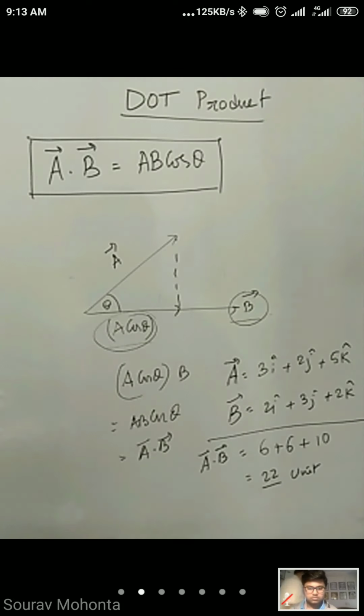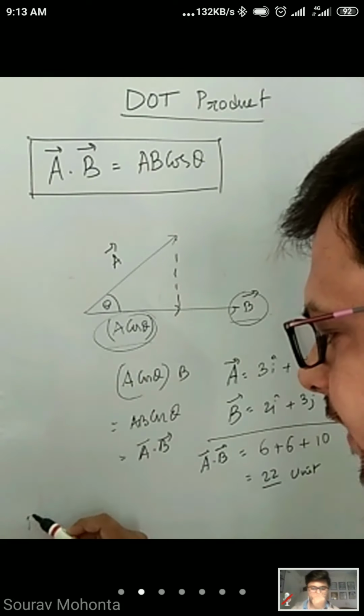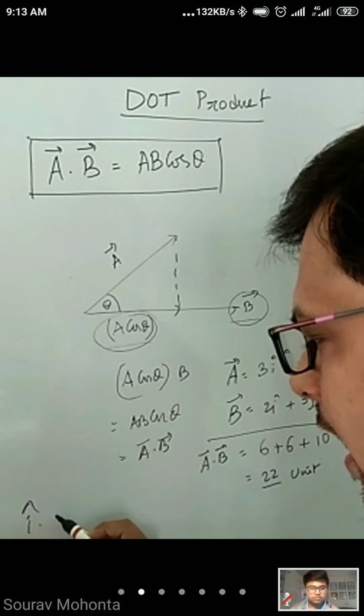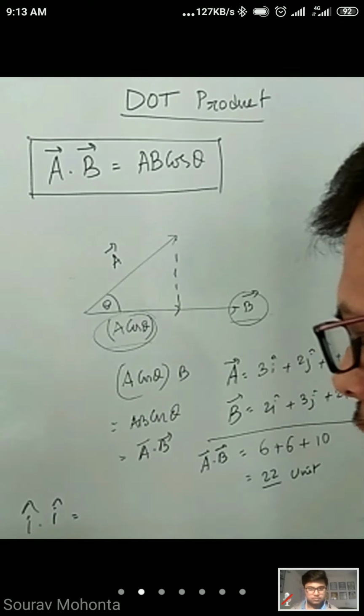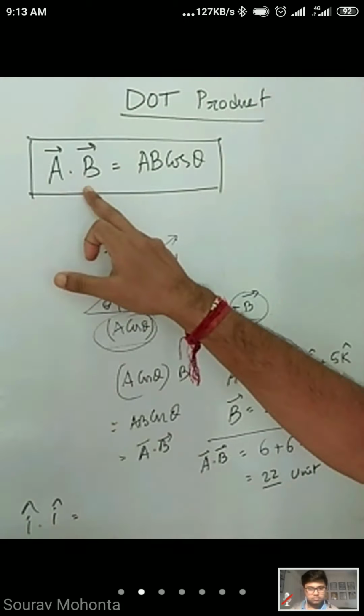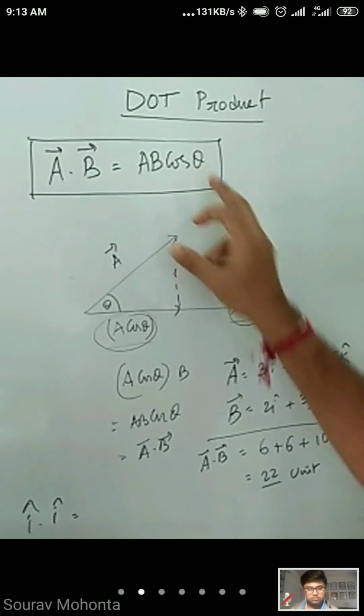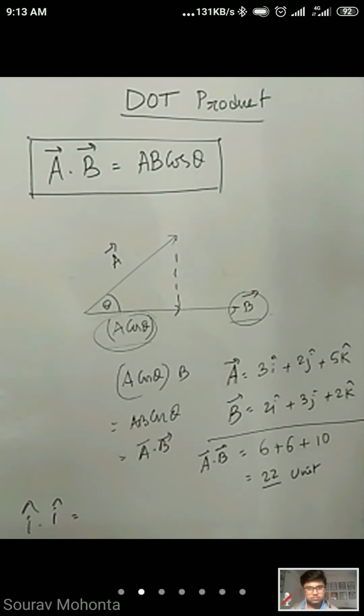Why are i dot i and j dot j equal to 1? If I do i dot i, according to the dot product formula, A dot B is AB cos theta. Similarly, i cap dot i cap will be the magnitude of i times the magnitude of i times cos theta. Now what is the magnitude of i? i is a unit vector, so the magnitude is 1 into 1 and the cos theta.